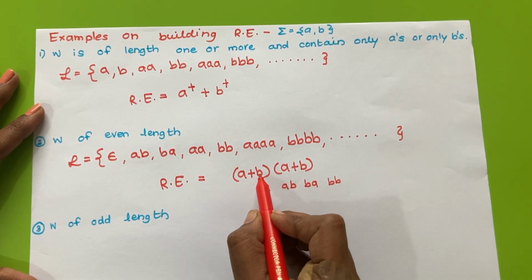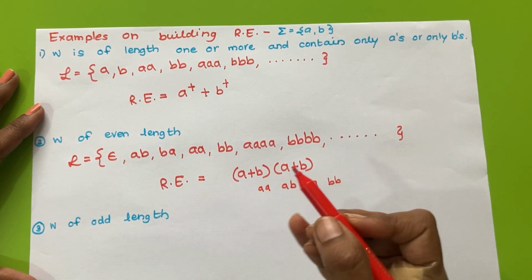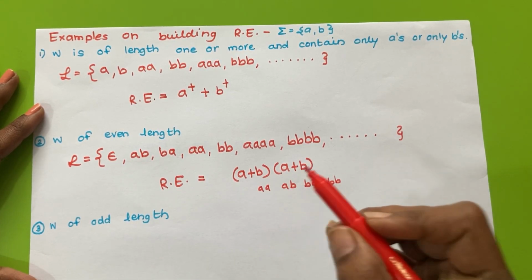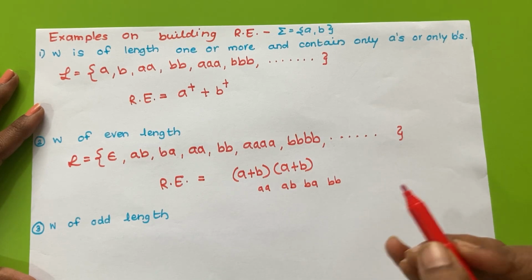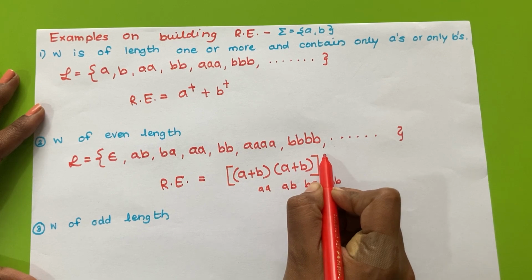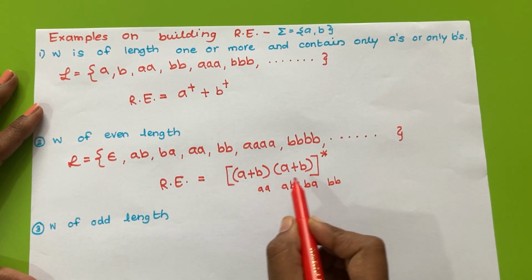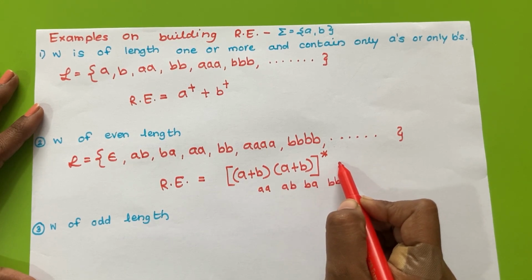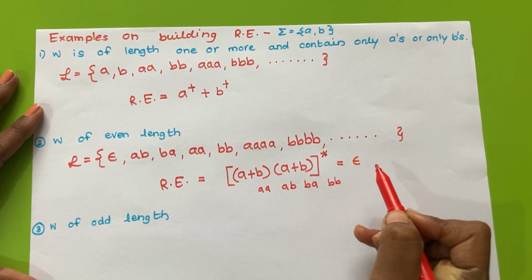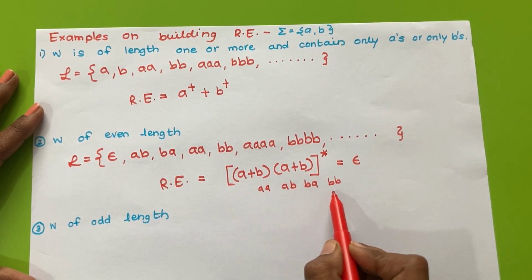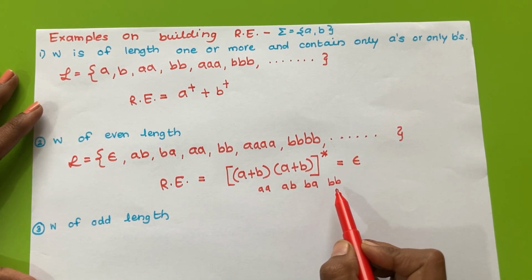Now I want this to be repeated 0 or more times, because 2 will be a multiple for the even series. So this bracket will be repeated 0 or more times. The first time, this bracket will be 0 times, which gives the empty string. Then if that bracket is there a single time, strings of length 2 are generated.